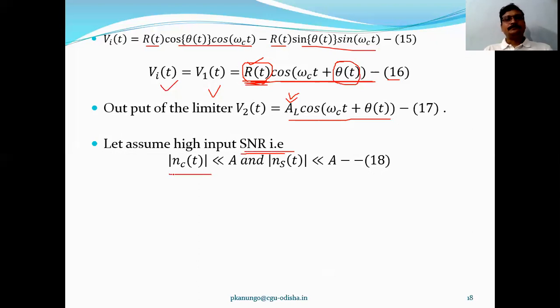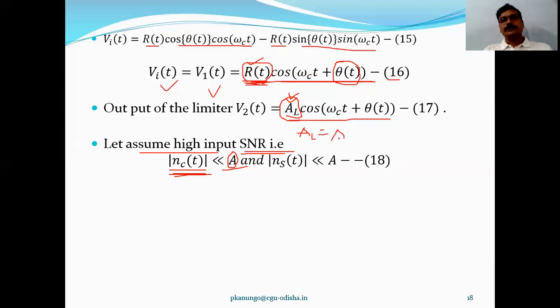Then NCT, look at here. Naturally, this is the signal part, and this is the noise part. Because we are assuming high SNR, that is, signal power is much higher than noise power, the magnitude of NCT, as per this assumption, will be very, very less than the amplitude A. Here A actually means AL, we are assuming AL is equal to A. Correct?